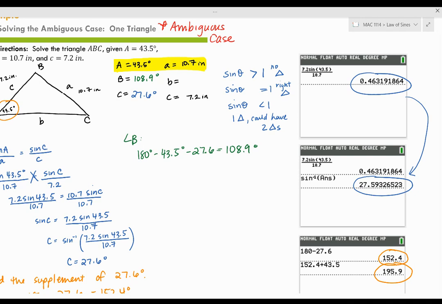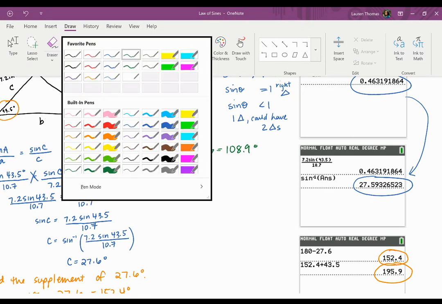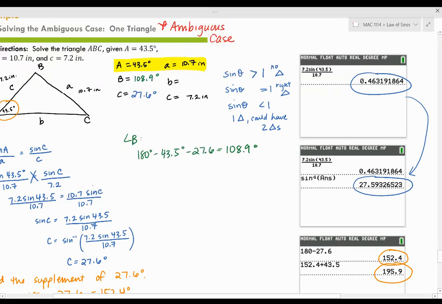The last thing I need to find is side B. In order to find side B, I'm going to use the law of sines. Remember, you can't use the Pythagorean theorem because we don't have a right triangle. I'm looking for little b, and I'm going to use the combination they gave me. Because I'm looking for a side, my lowercase letters go in the numerator.